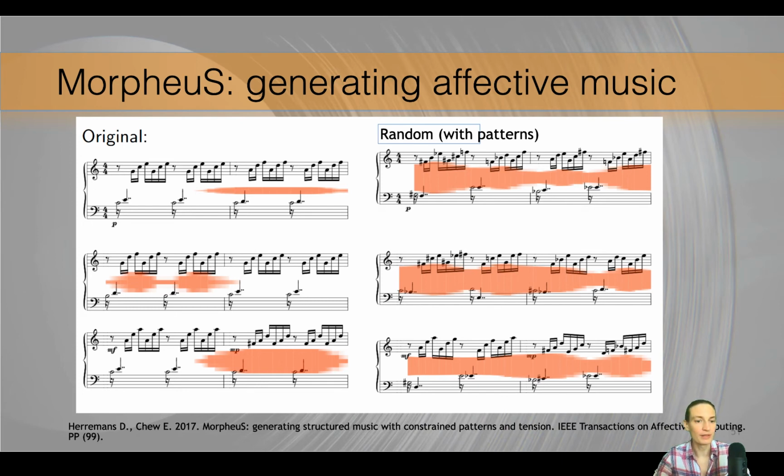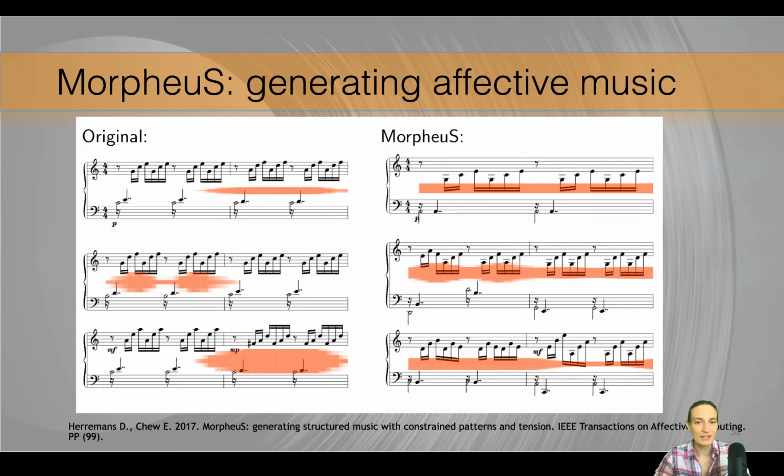We use a variable neighborhood search again to optimize. You all know this piece. First step, we keep the patterns, we fill it up with random notes, but we repeat the random notes where they were repeated before. Pretty random. Okay. So now let's optimize it.